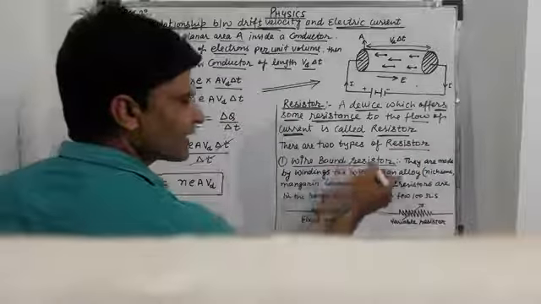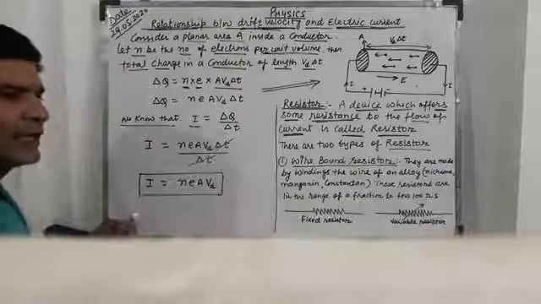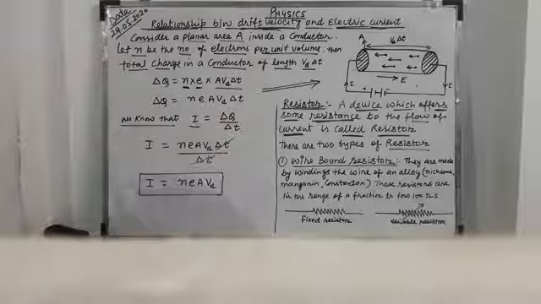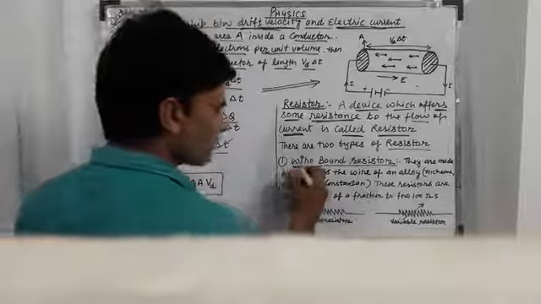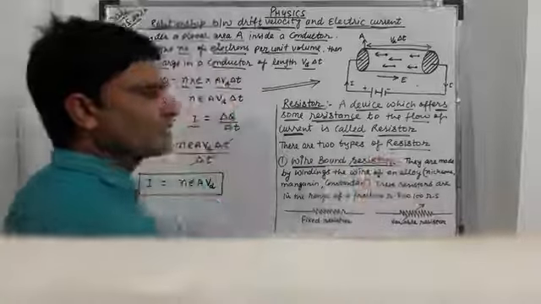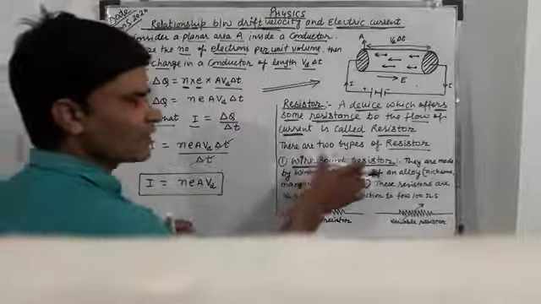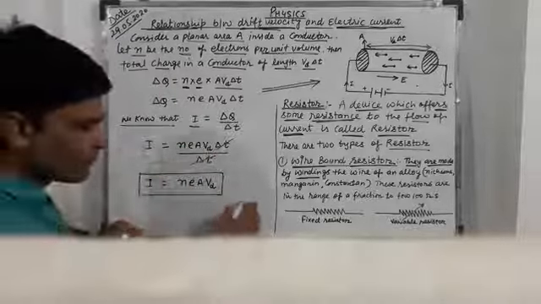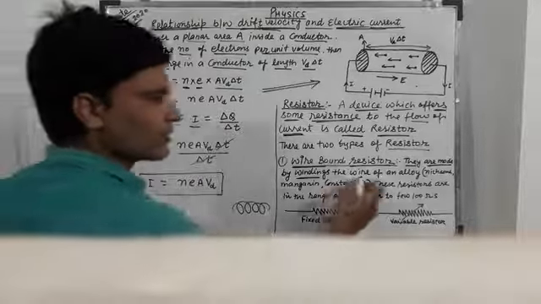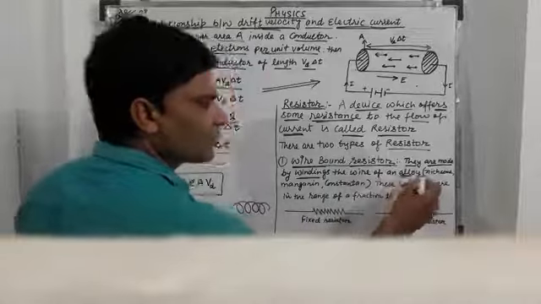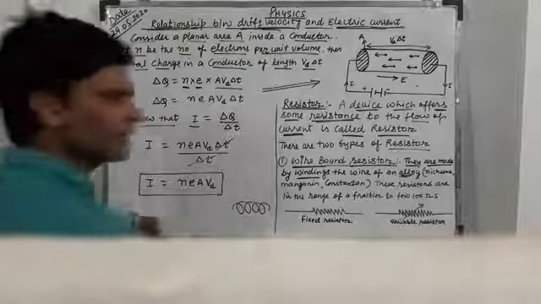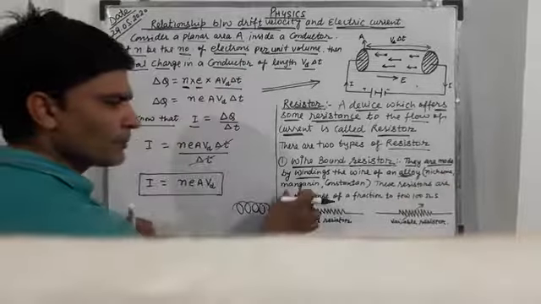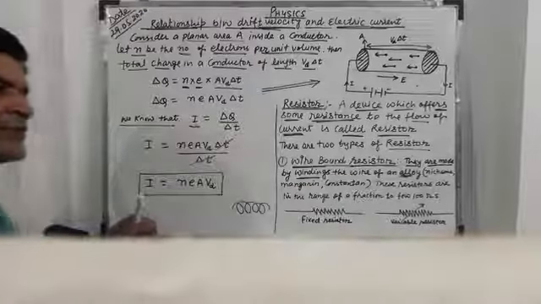One is wire bound resistor and second is carbon resistor. Wire bound resistors are made by winding the wire of an alloy like nichrome, manganese, constantan.